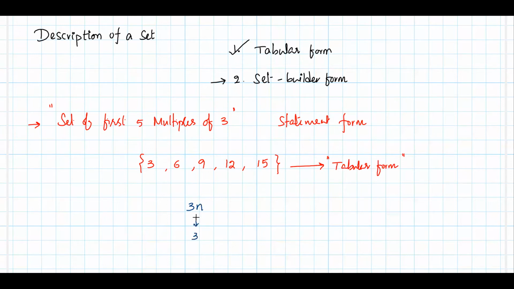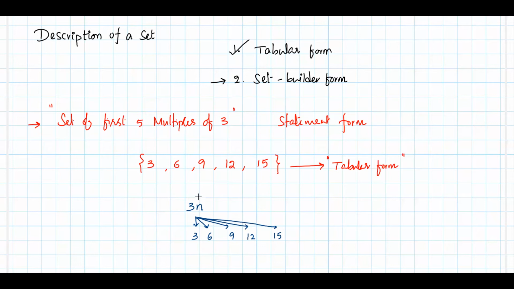If n is 2, the output is 6. If n is 3, the output is 9. If n is 4, the output is 12. If n is 5, the output is 15. If n is 6, it will be 18. It keeps going. But in this case, we just need 3, 6, 9, 12, 15, the first 5.